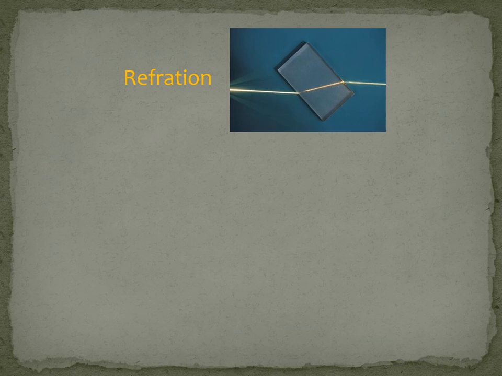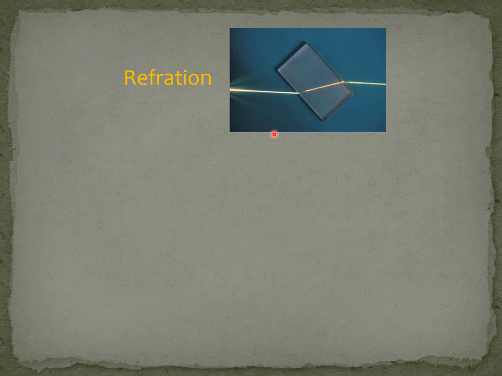As we spoke before, refraction of light is the change in direction that light suffers when it goes from one medium to another medium where its speed is different. So traveling through air, then through glass, and then through air again, every time there's a frontier between the two mediums, the light changes its direction.